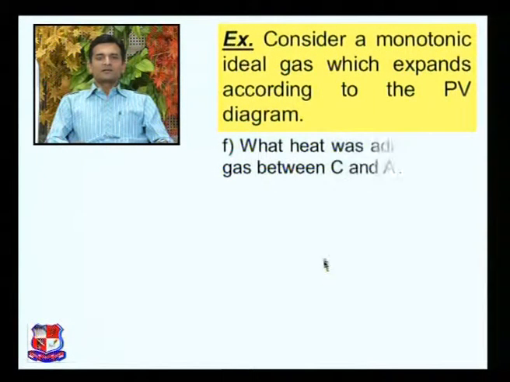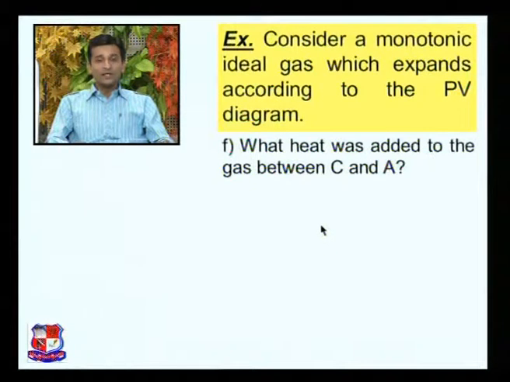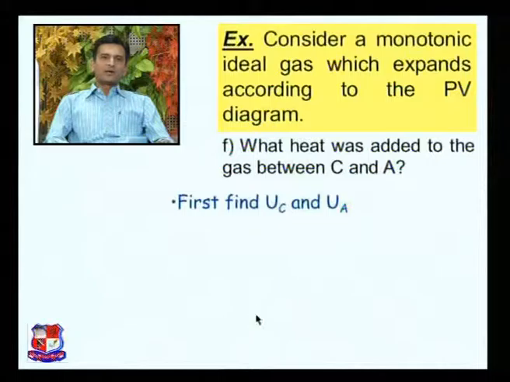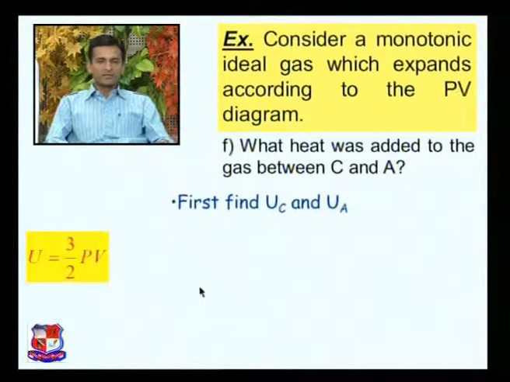Now next, F, what heat was added to the gas between C and A? What would be the amount of heat to be added between C and A? First find out UC and UA, that is internal energy at initial position C and internal energy at point A. The equation is U is equal to 3 by 2 PV.